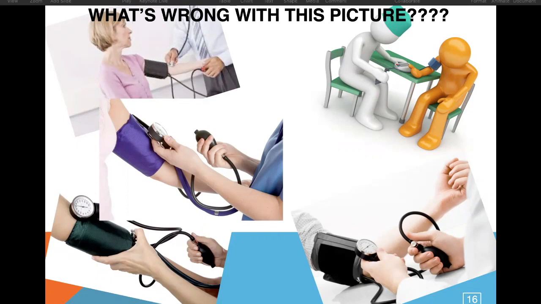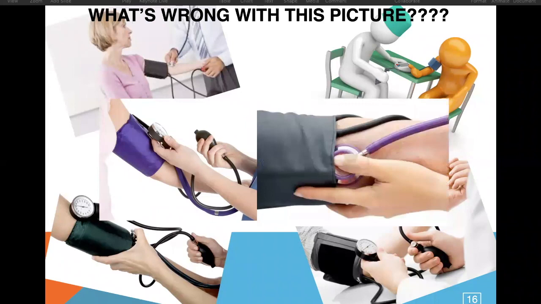It is not supported at all. So in this picture, the diaphragm is against the skin, but the edge of that bell is tucked underneath the cuff, which can make it challenging to hear the sounds, the carotid cuff sounds, or the sounds of the pressure accurately.